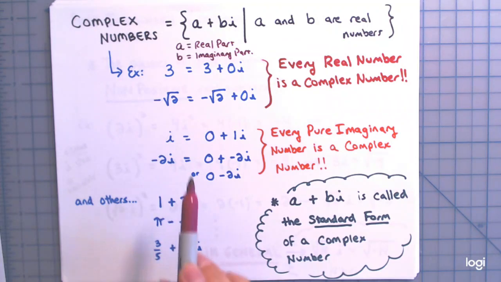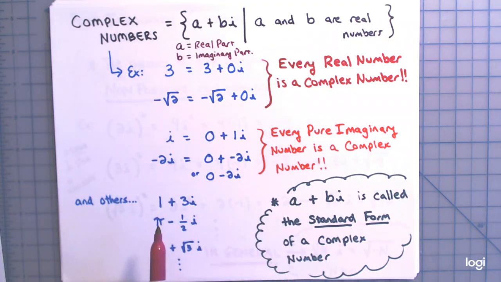That's complex. That takes on that form. Pi plus -1/2 times i, or pi minus 1/2 times i. That again takes on real number plus pure imaginary number. That takes on this form. 3/5 plus the square root of 3 times i, or i times the square root of 3. Again, real number plus pure imaginary takes on this form.